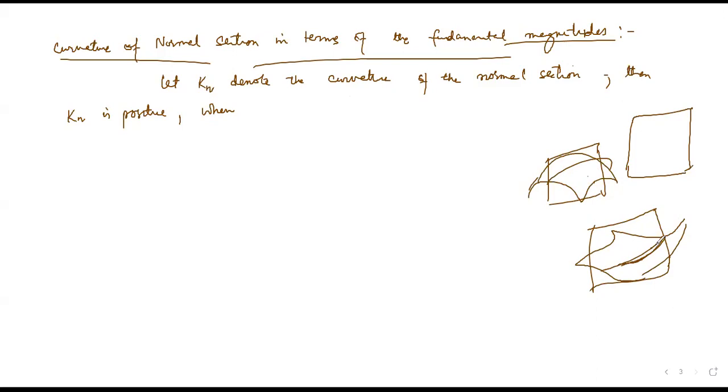The curvature here should obviously be of opposite sign to that of this one. So we fix a convention that we will take it as positive when the curve is concave on the side which n points out.